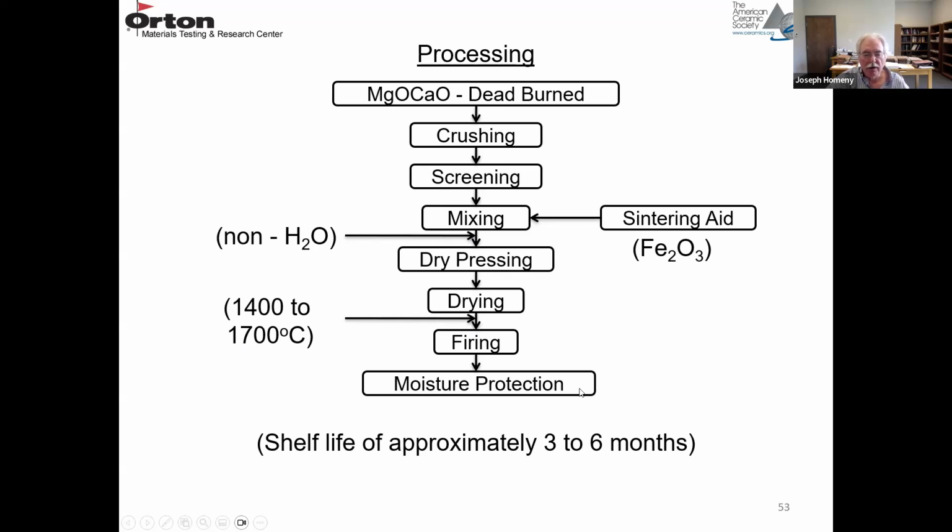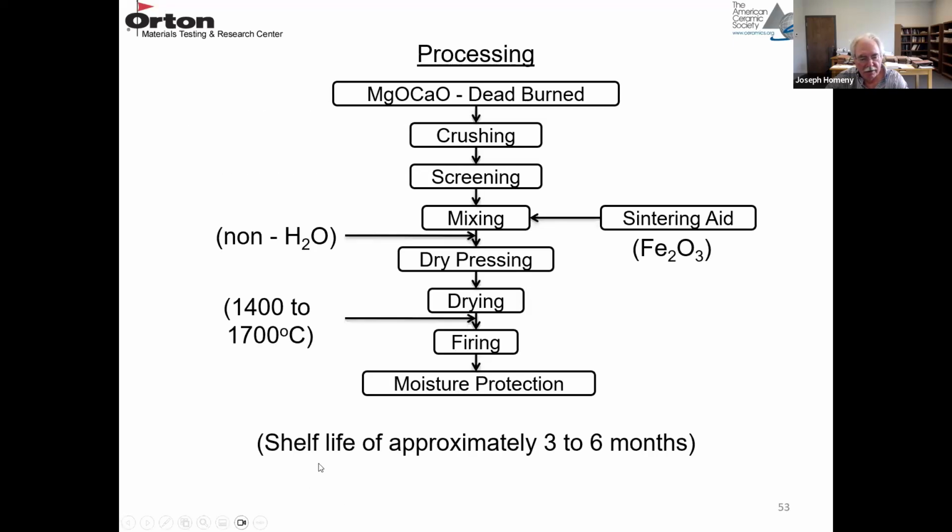Basically, they're shrink wrapped in plastic, and then they go into cold storage in an air-conditioned, low moisture content facility, and they'll last 3 to 6 months under those conditions.